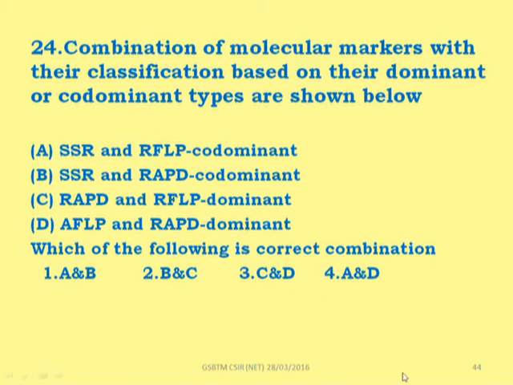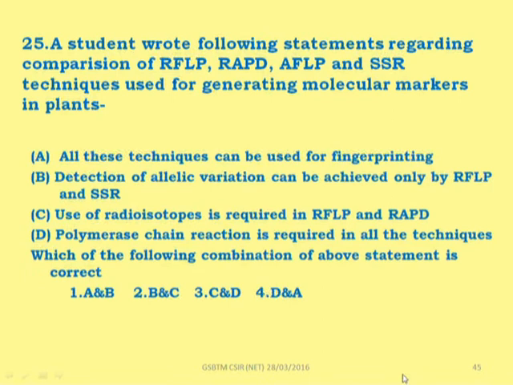Next one. A student wrote the following statements regarding comparison of RFLP, RAPD, AFLP and SSR techniques used for generating molecular markers in plants. All techniques can be used for fingerprinting, right? This is right. Detection of allele variation can be achieved only by RFLP. No, all markers can be used.